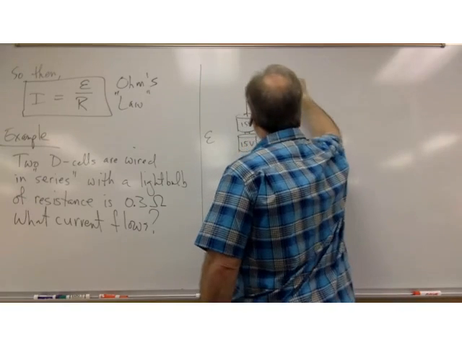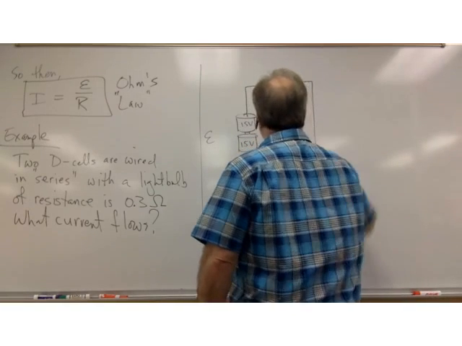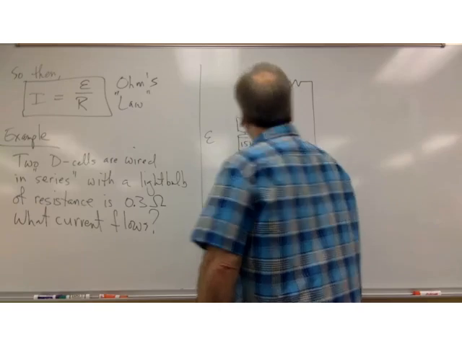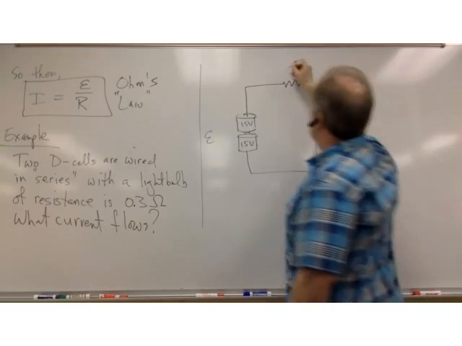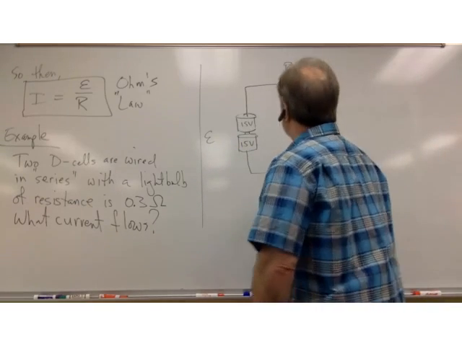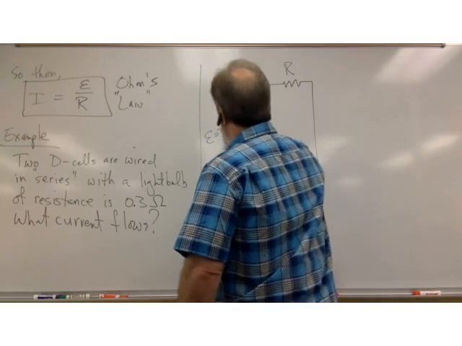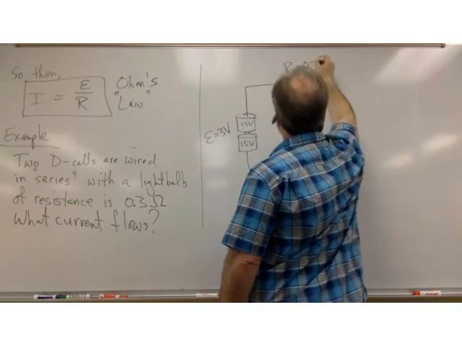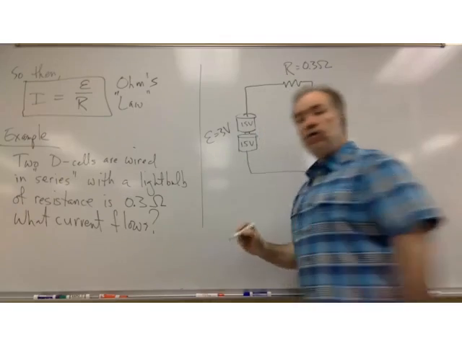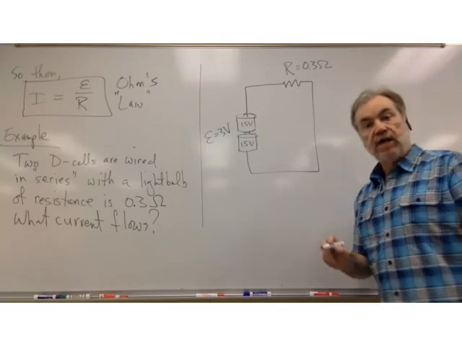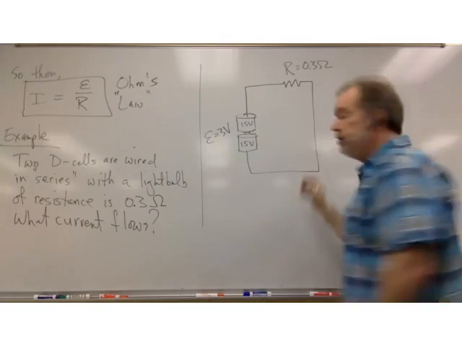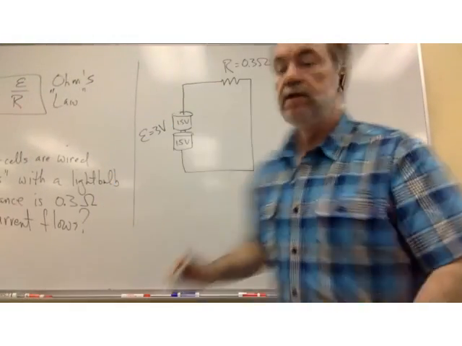Then I attach it to a light bulb and complete the circuit. Now what current flows? This thing has some amount of resistance, 0.3 ohms, and Ohm's law allows us to calculate the answer. But before I do, I want to show you the schematic version.